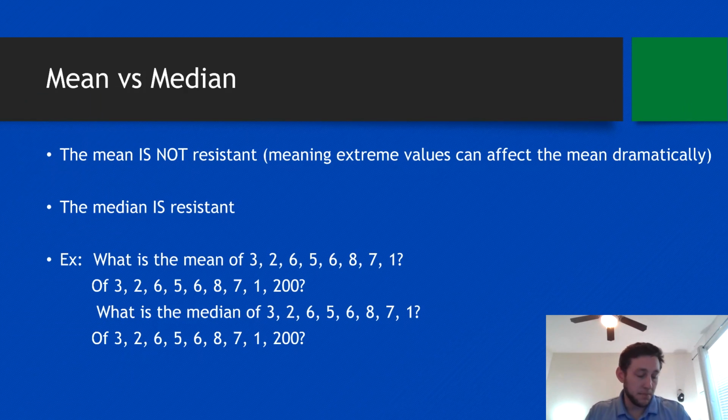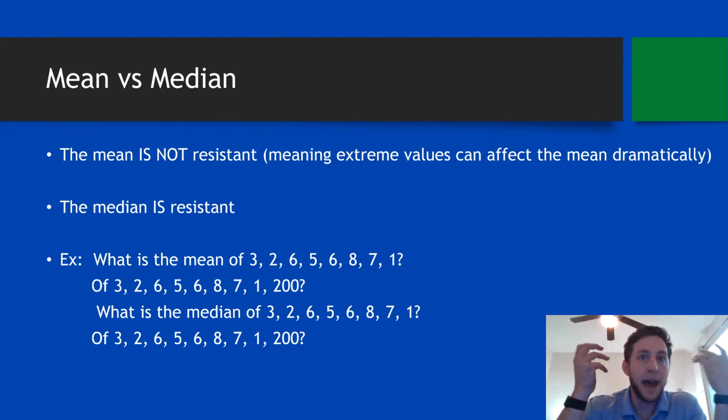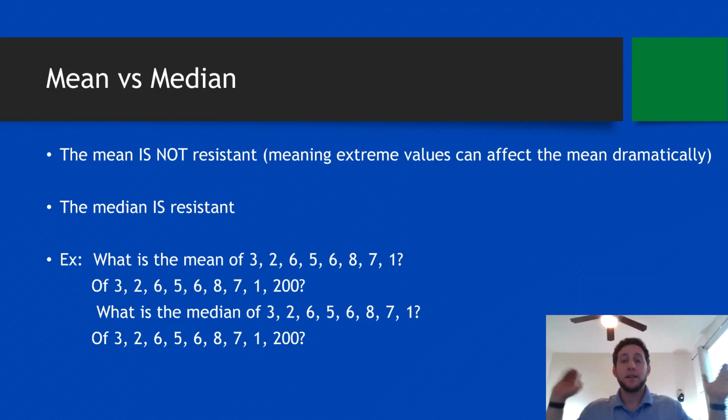Now you might want to compare the mean and the median in this case. Well, which one do you use? Okay. We have two measures of central tendency, meaning where the data is centered. Which one's better, the mean, the average, or the median, where your kind of middle number is? Well, let me go ahead and provide an example. Turns out the mean, although you kind of like the average, we're going to say that the mean is not resistant.